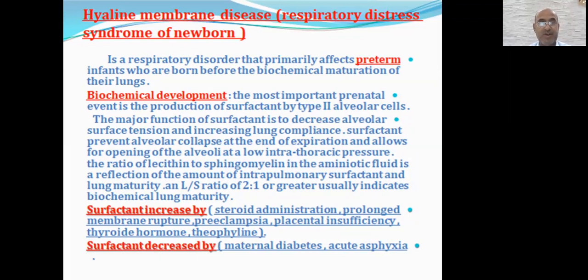So, biochemical maturation of the lung is so important. The most important perinatal event is the production of surfactant by type 2 alveolar cells. Surfactant is so important for the action of the lung after birth, and the presence of surfactant is crucial for the optimum function of the lung.